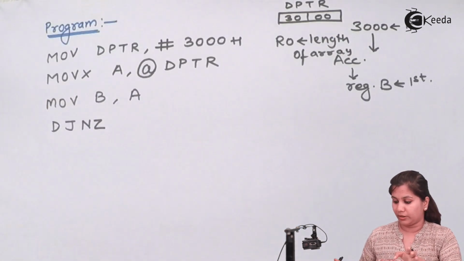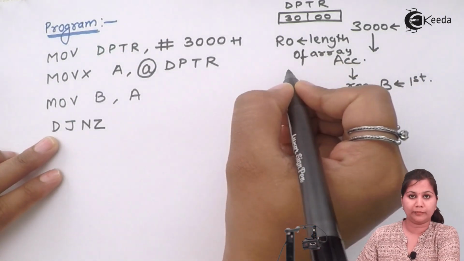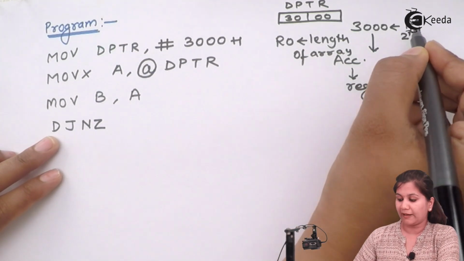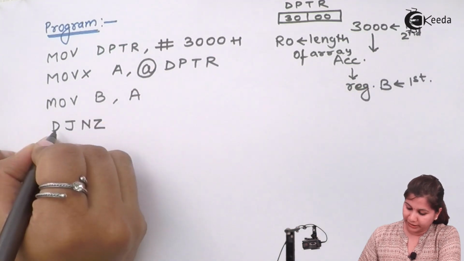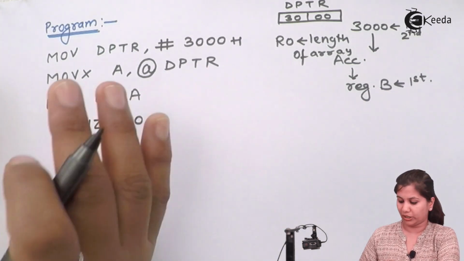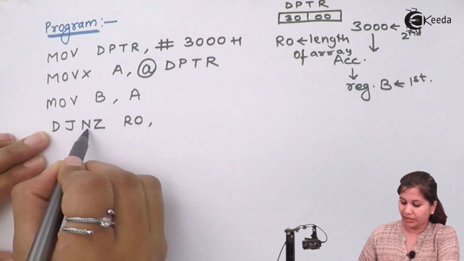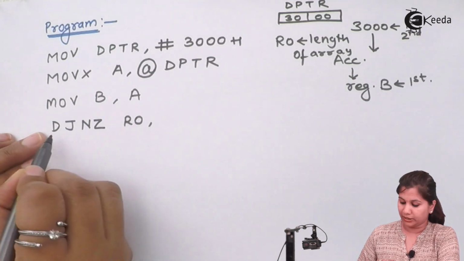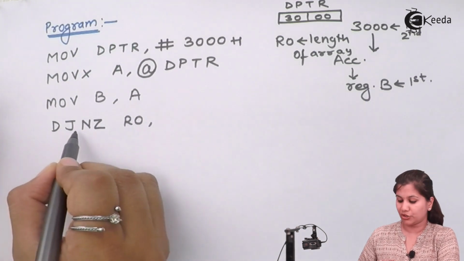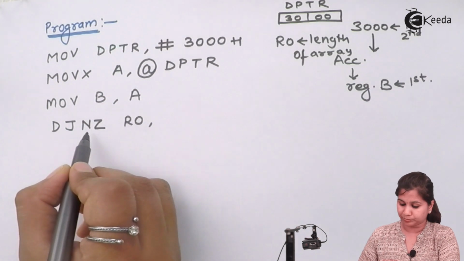So here we will have to decrement this counter because the first number is already shifted. Now we are having the second number, so DJNZ R0, and it will jump to some other memory location that we will see later on. Decrement and jump when it is not 0. This is the instruction in 8051. D is for decrementing, J is for jump, and NZ is when it is not equal to 0.